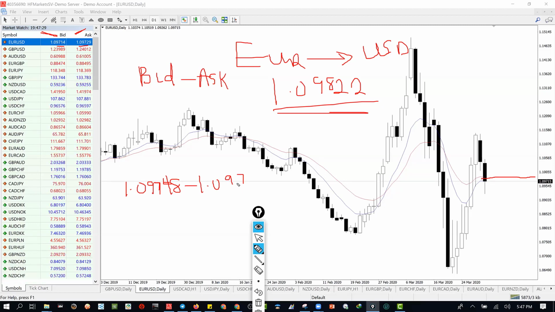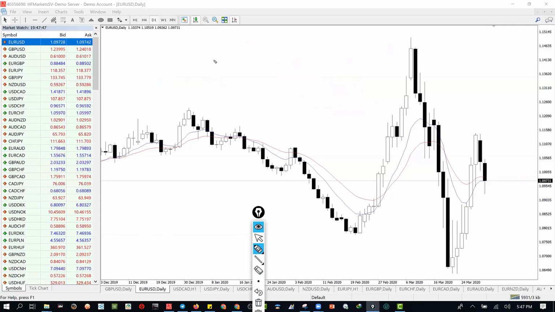It is changing, but let's make use of, for example, 1326. So we have 1.0972 and 1.097.